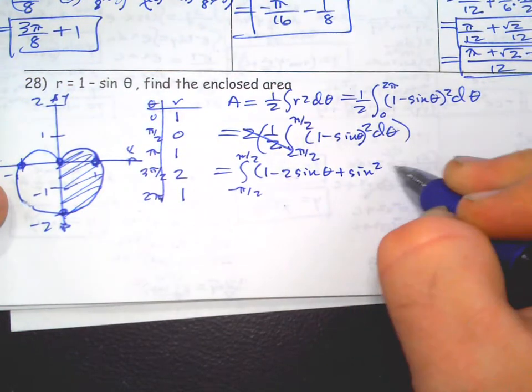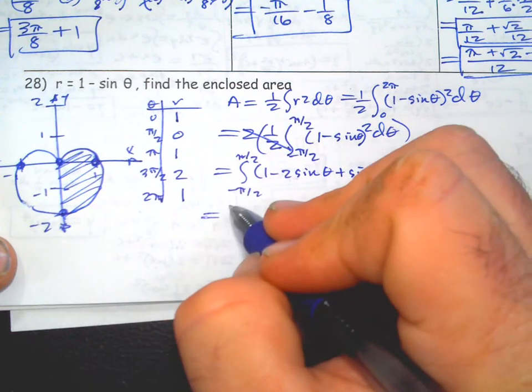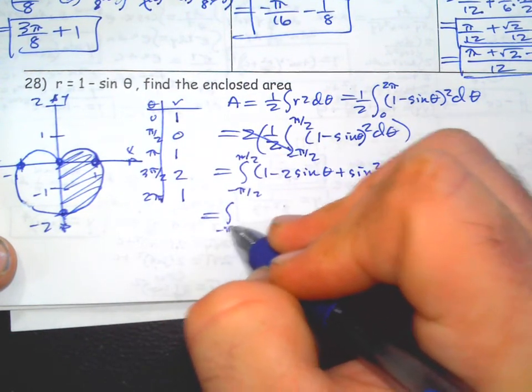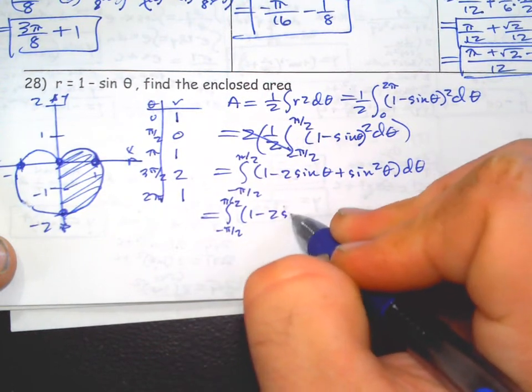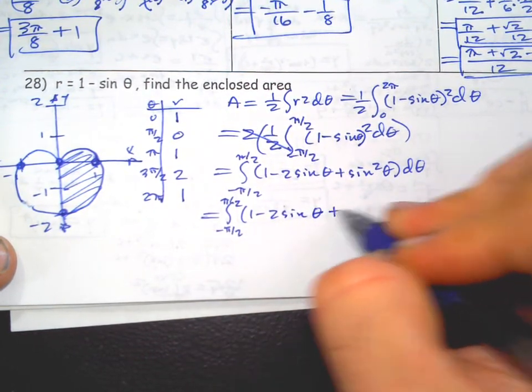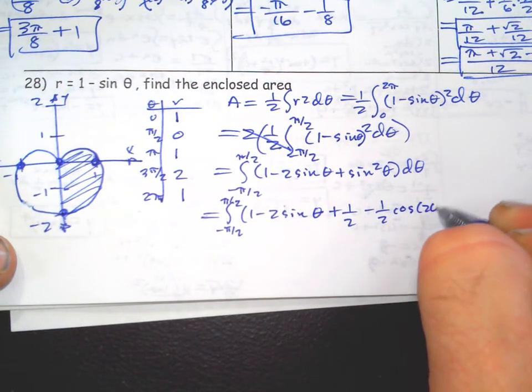And you're going to have to use those double angle identities for cosine. And for sine squared, it's going to be 1/2 minus 1/2 cosine double angle. It's always cosine.